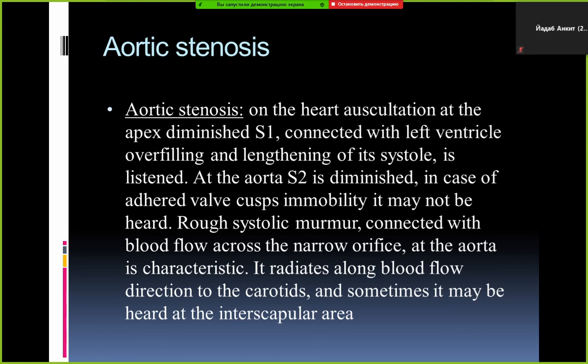It may not be heard. And the most important symptom is a rough systolic murmur connected with blood flow across the narrow ostium at the aorta. This systolic murmur radiates along the blood flow direction to the carotids, and sometimes it may be heard at the interscapular area.